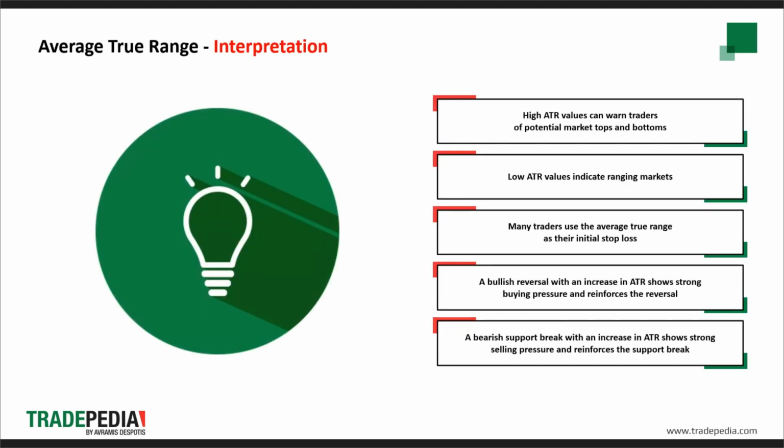So how do we interpret this ATR? High ATR values can warn traders of potential market tops and bottoms. This is quite useful in some sense, but we can't solely depend on the ATR to mark out the tops and bottoms. A low ATR can also indicate ranging markets.